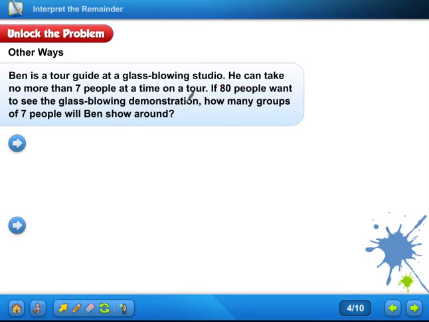If 80 people want to see the glass blowing demonstration, how many groups of 7 people will Ben show around? So we're looking for how many groups of 7 people will Ben show around? Well, we know that there's 80 people that want to go, and the 7 people right here is the same 7 people up here. That's all he can take on a tour at once.